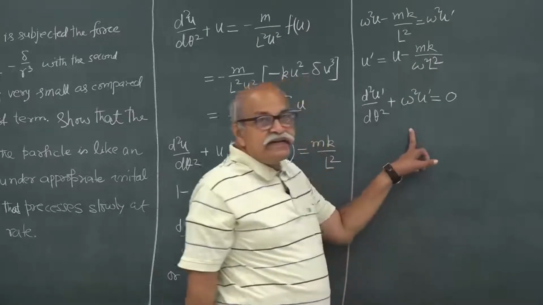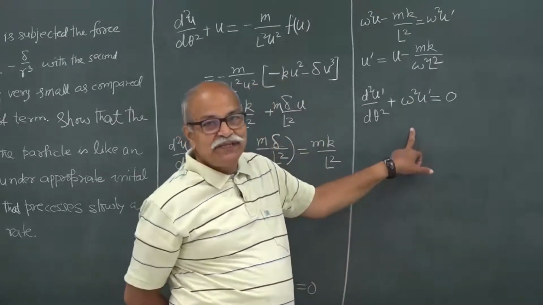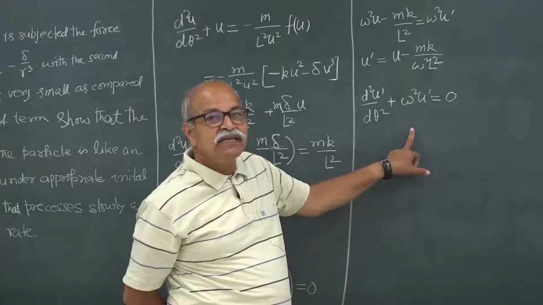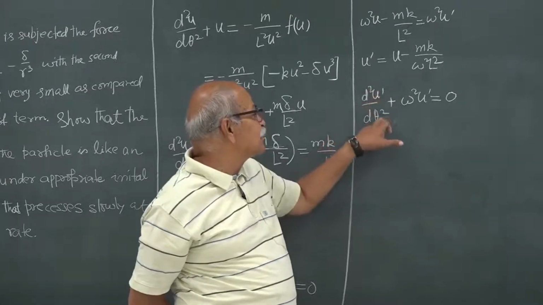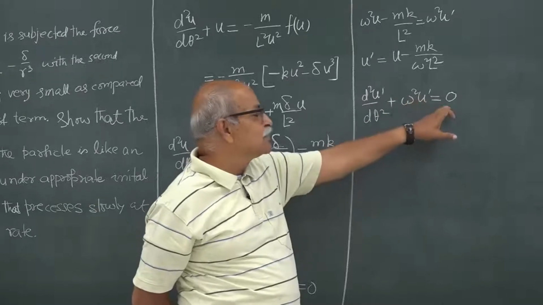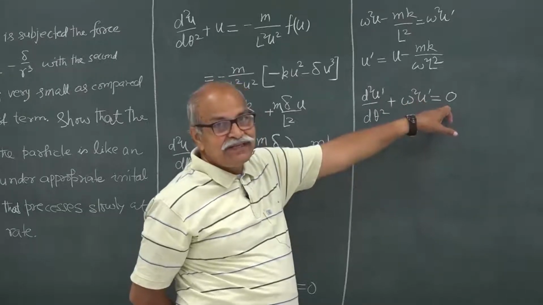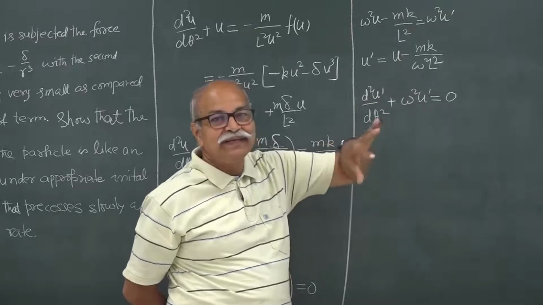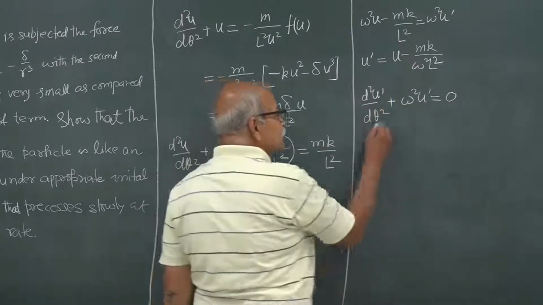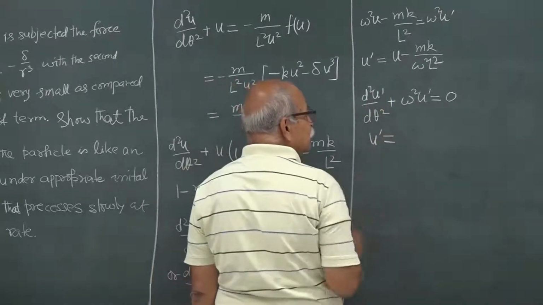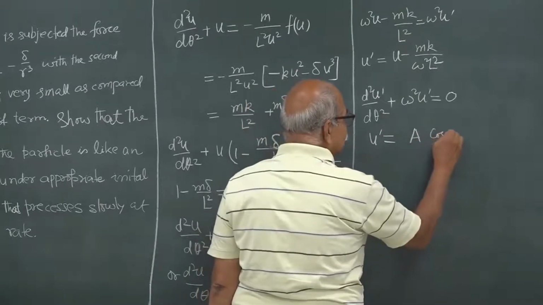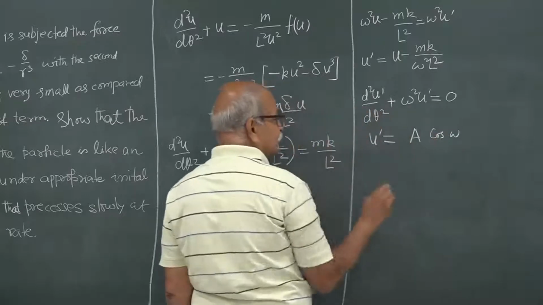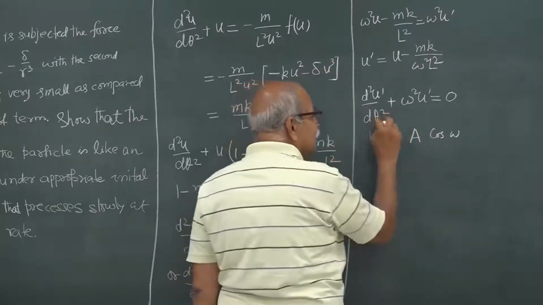And this is again your very familiar equation, that simple harmonic motion equation, d2x dt square plus omega square x equal to 0, and you know the solution, x is equal to some a cos omega t, like that. Similarly, here you will have u prime is equal to some constant, then cos of omega times theta, there it is omega t, here it is omega theta.